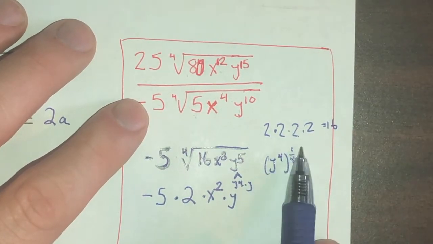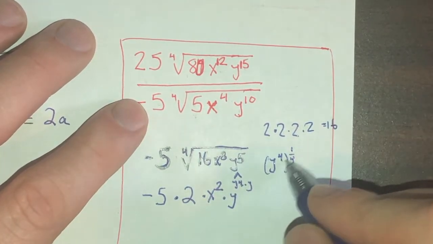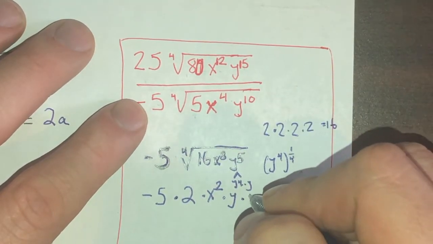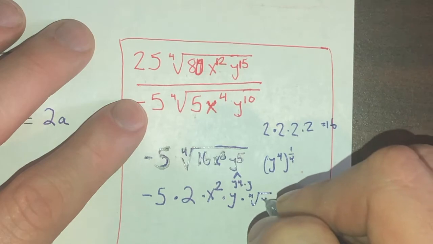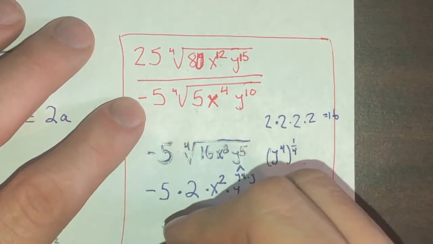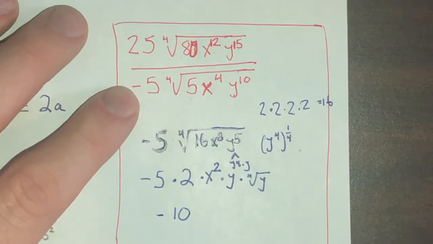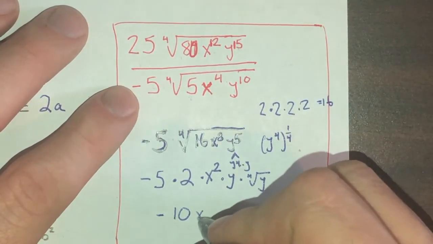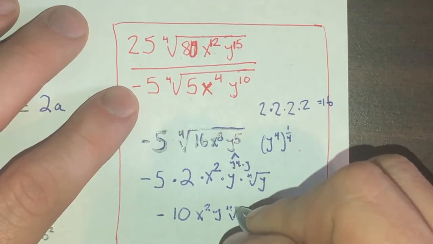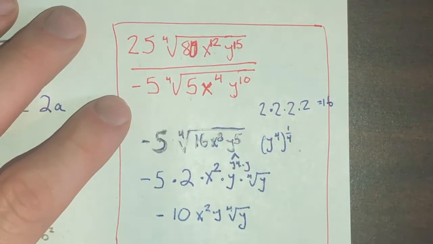And when, again, laws of exponents, they multiply, okay? Times the 4th root of y to the 1st, or just y. So we combine them all. I get negative 10 x squared y times the 4th root of y, okay?